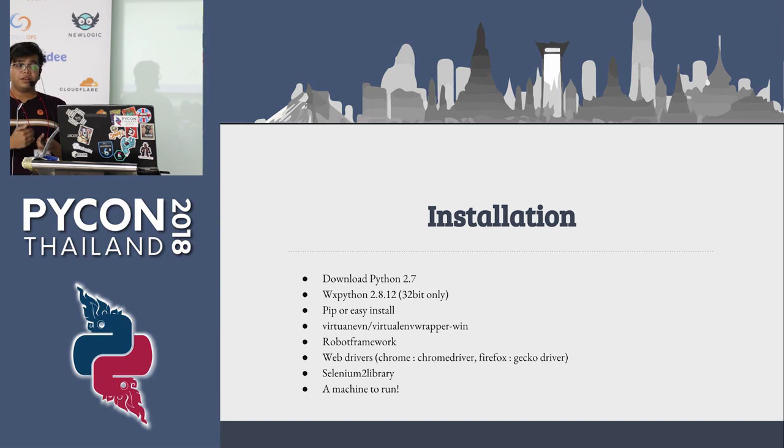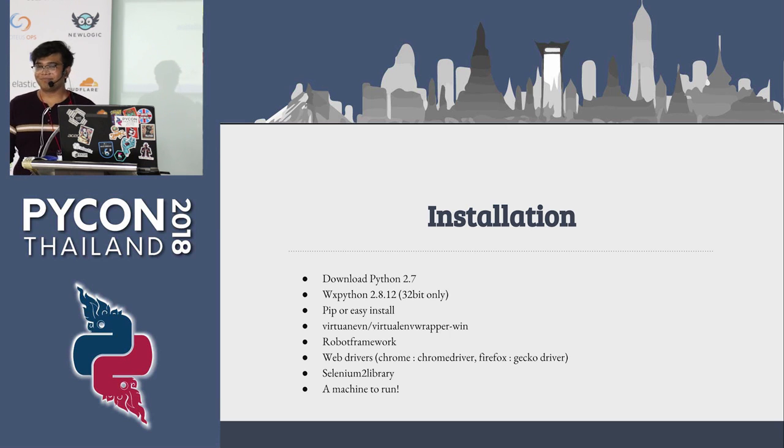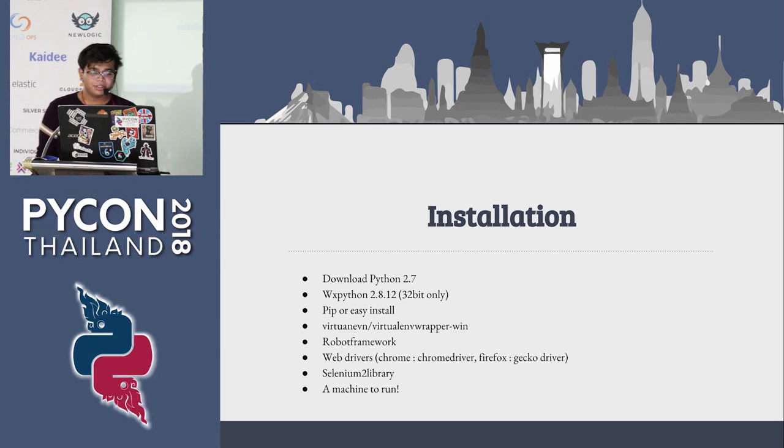So you don't want to pollute your globals for that. You need it very isolated, and that's why I'm using virtualenv and virtualenvwrapper for Windows. Why am I using the wrapper? Because it makes life a lot easier, and you can get your work done a lot faster. So it's productivity that we're talking about.